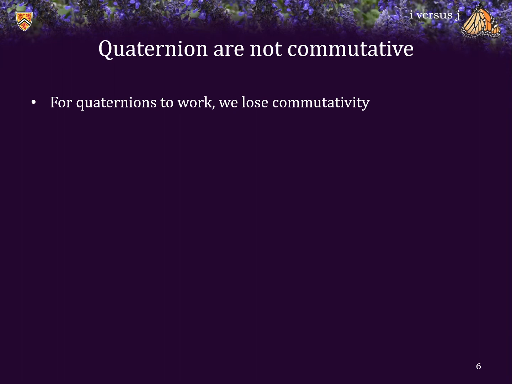Now, for quaternions to work, we lose commutativity. So that's something you may not expect. So they are not a field, because remember, for a field, we require that for multiplication, q times r must equal r times q. But that's not true for quaternions.